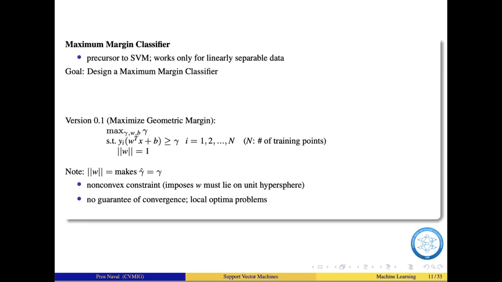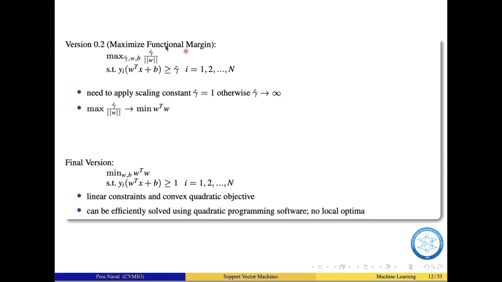Let's improve on it. How about maximizing the functional margin this time instead of the geometric margin?